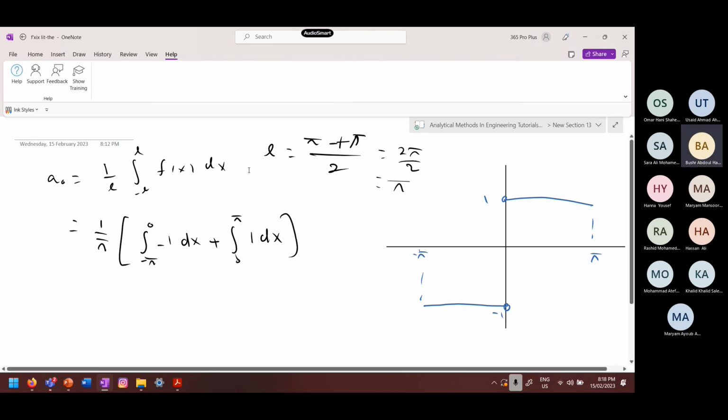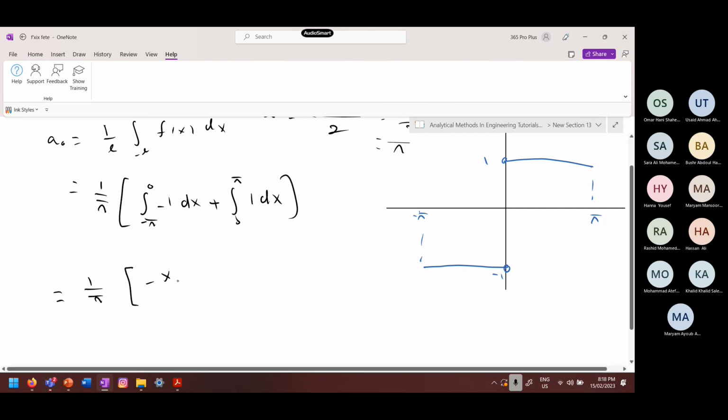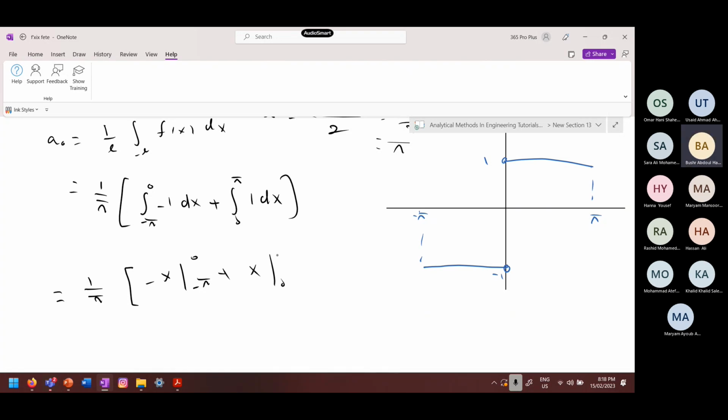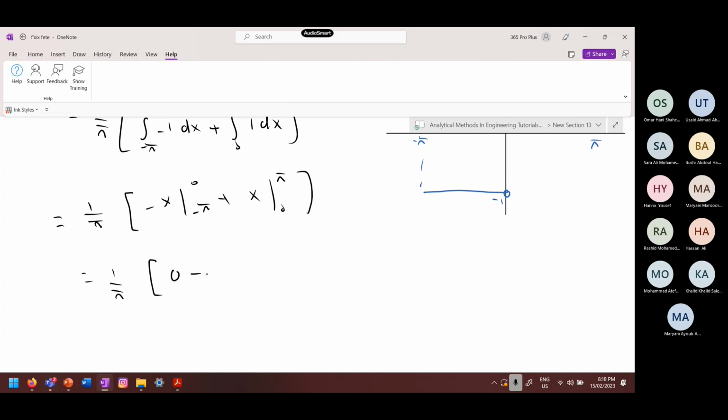Try solving it. You will get 1 over pi, negative x from negative pi to 0 plus x from 0 to pi. Going to be plus or minus?